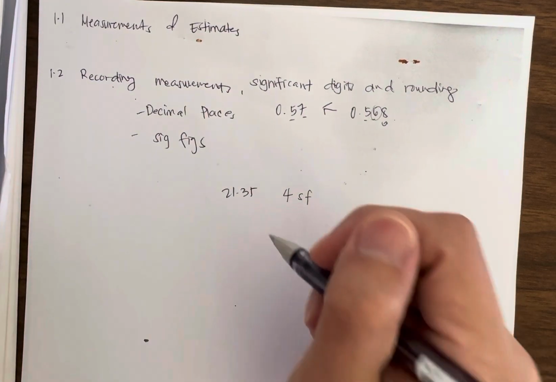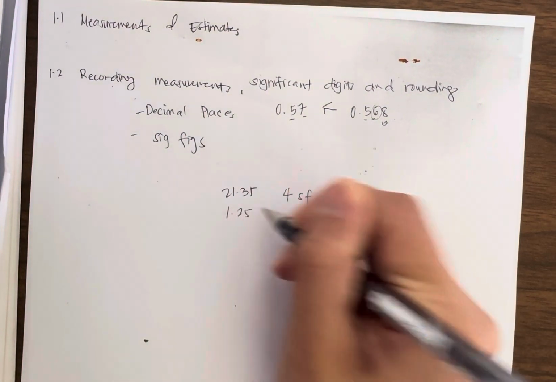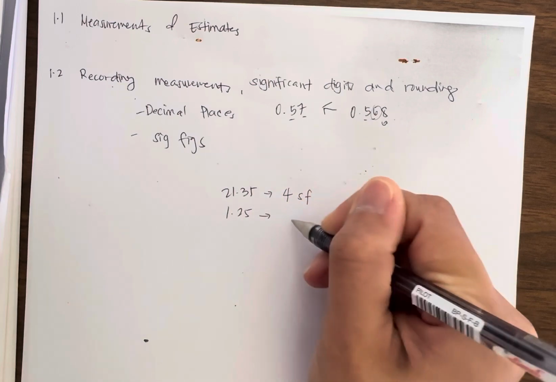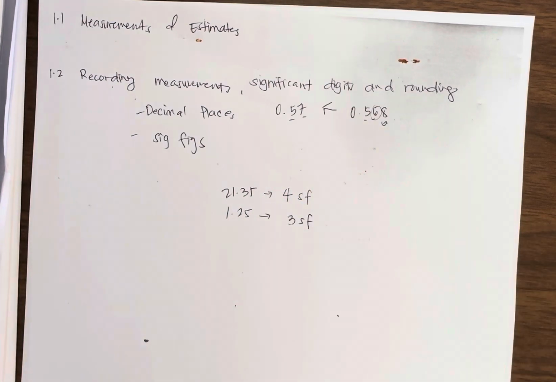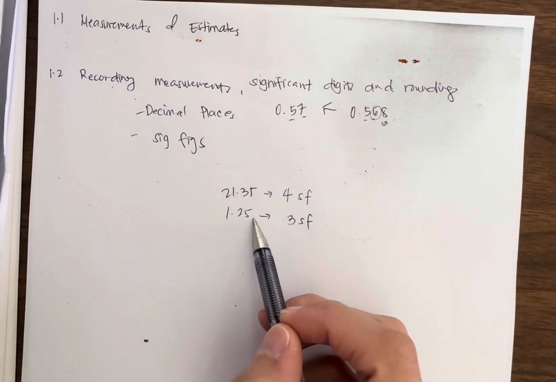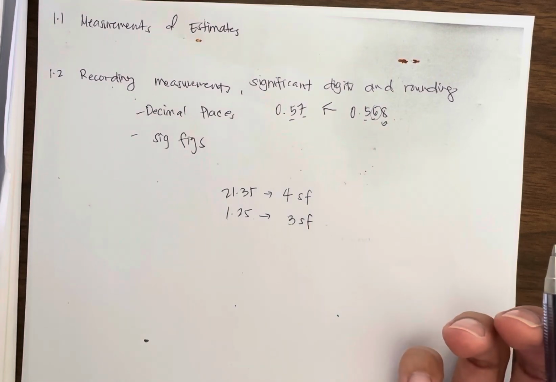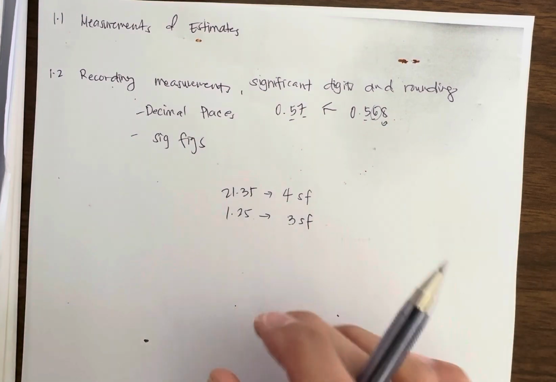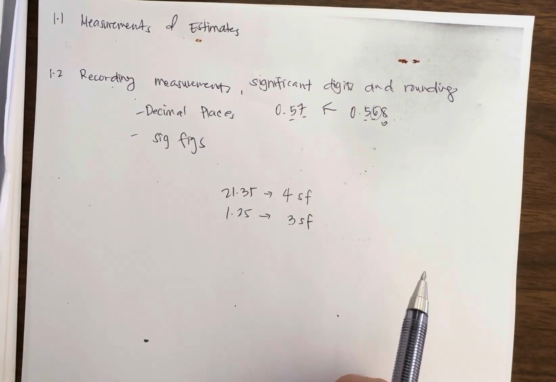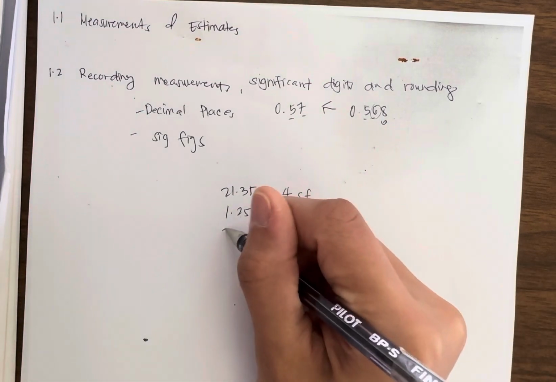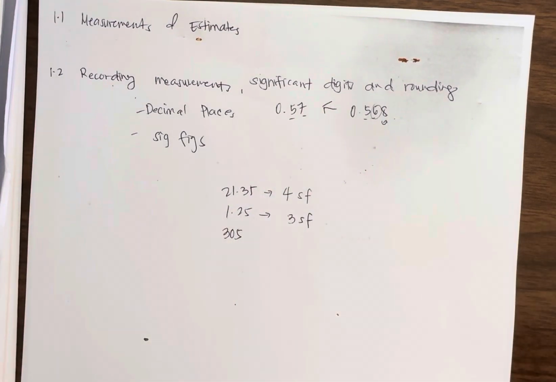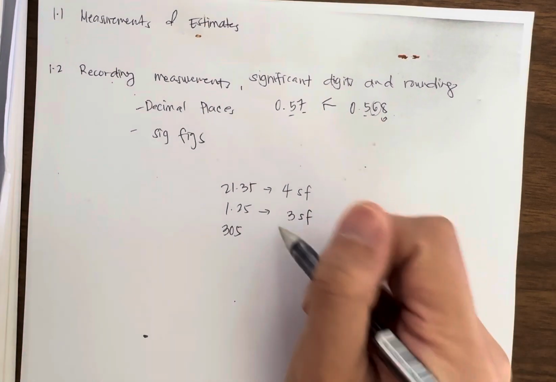Similarly, 1.25 has 3 significant figures. Again, 1, 2, 3. We don't really mind the decimal point for this kind of question. Now, what if there's a 0 in the middle and there are no decimal places? Because it's sandwiched, I like to say that.